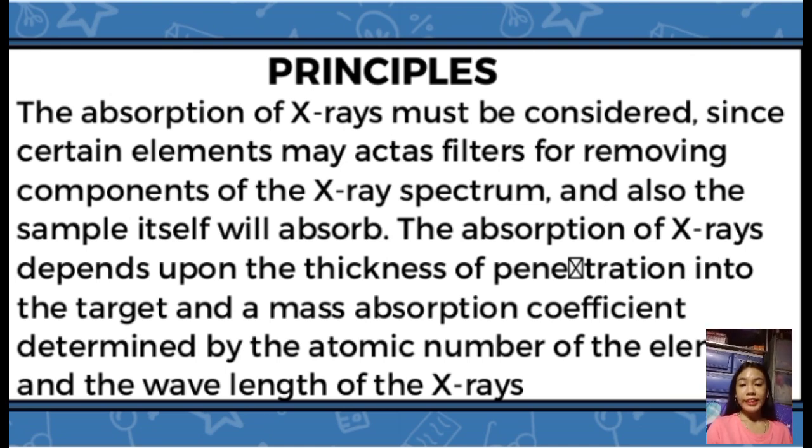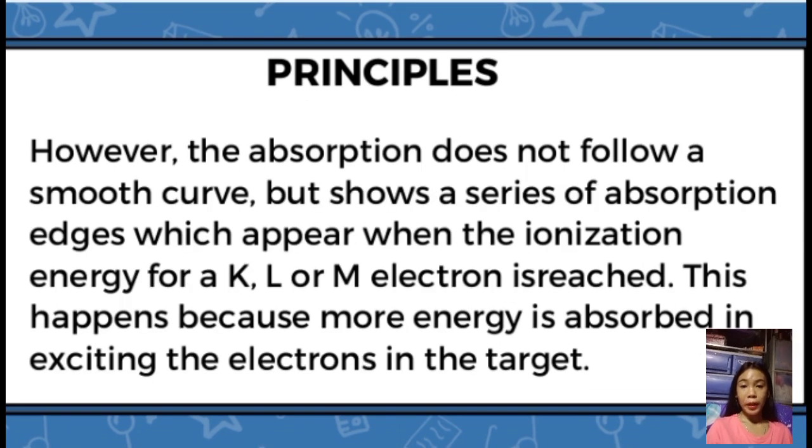The absorption of X-rays is influenced by the thickness of the material being penetrated and is quantified by the mass absorption coefficient, which varies based on the atomic number of the element and the wavelength of the X-ray used.